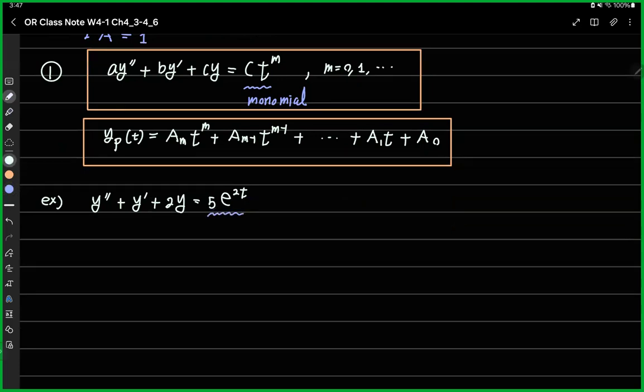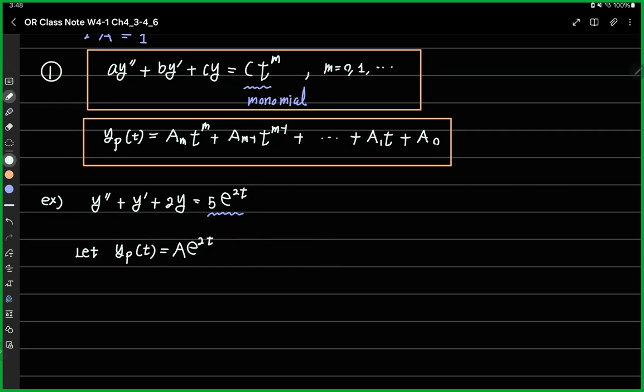Let's say we just try y_p equal to A times e to the 2t, because e to the 2t must be involved in a solution. Otherwise, we're not going to get an exponential term, right? You may ask why not define y_p by a polynomial. A polynomial never generates an exponential function.